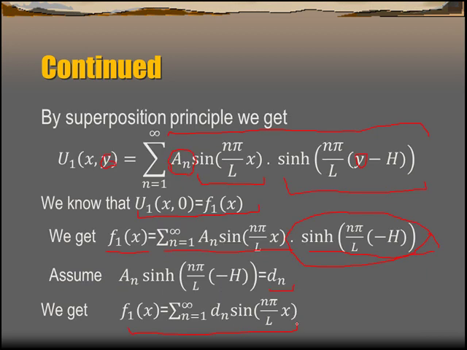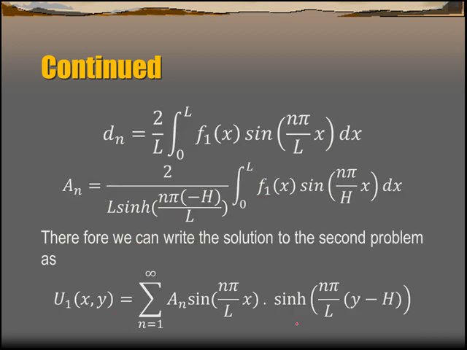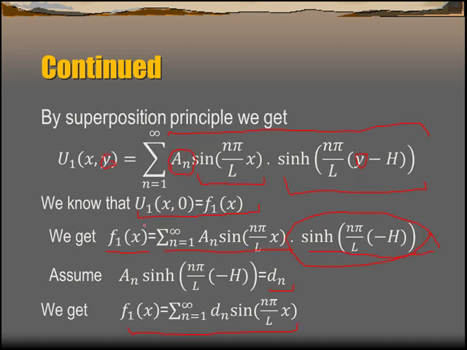So using that property, I can directly write dn is equal to 2 divided by l into the integral from 0 to l of f1(x) sin(n pi x over l) dx. Now dn, we have generalized as a special constant. Dn is basically equivalent to an multiplied by sinh(n pi over l into minus h).